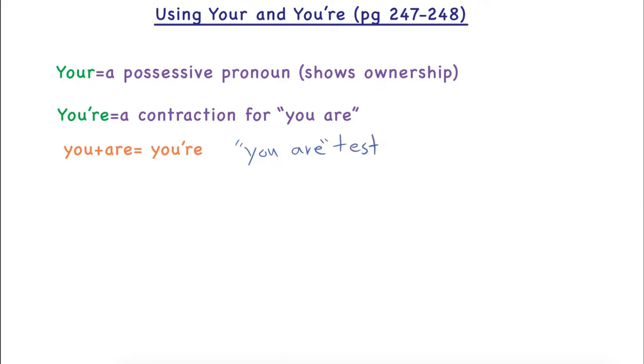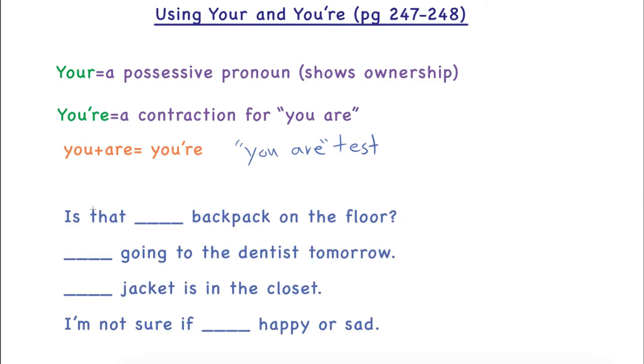Here are some example questions. Is that blank backpack on the floor? Let me use a different color. Fill in "you are" in this blank. If it does make sense, check mark for does make sense, you would use you're with the apostrophe.